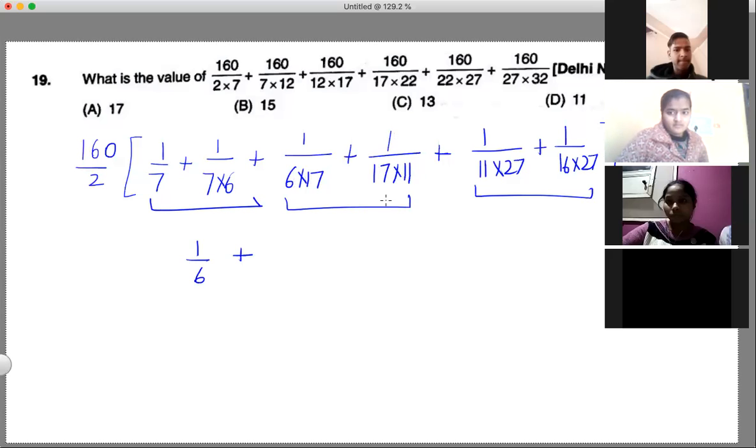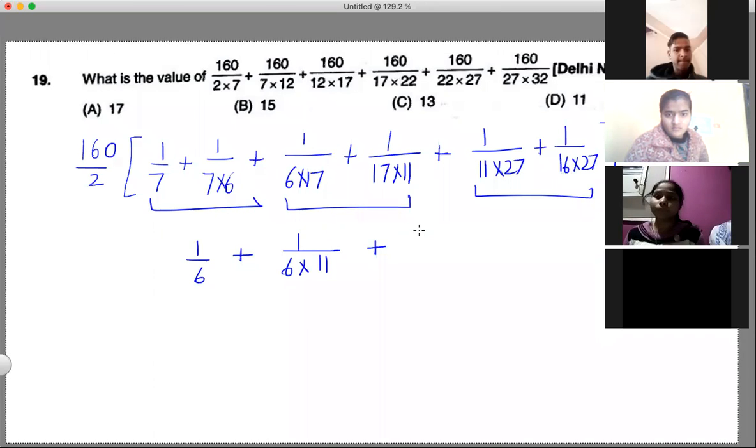So 17 will get cancelled out and we will be just left with 6 into 11. And here, similarly, this 27 will be cancelled out and we will be left with 16 into 11.